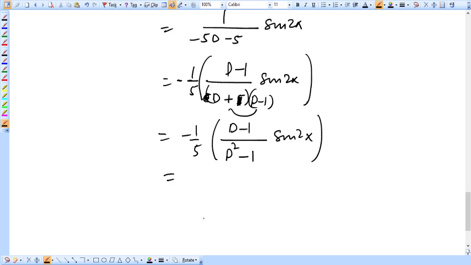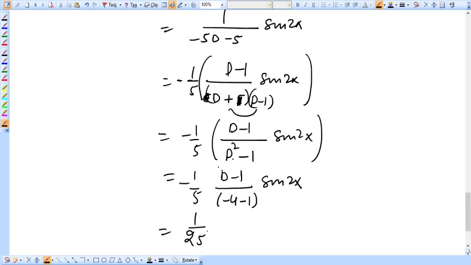So it is equal to minus 1 over 5, d minus 1, and now we can replace this by minus 2 square, which is minus 4. Minus 4 minus 1 sine 2x. So it is minus 5, taking it outside, it becomes minus minus plus 1 over 25 and d minus 1 into sine 2x.